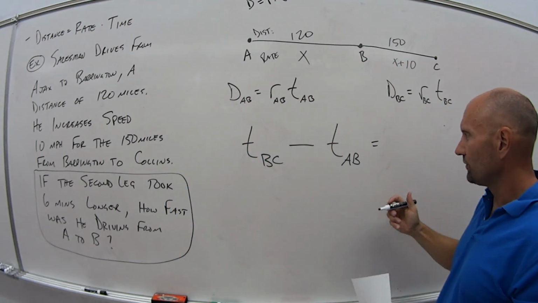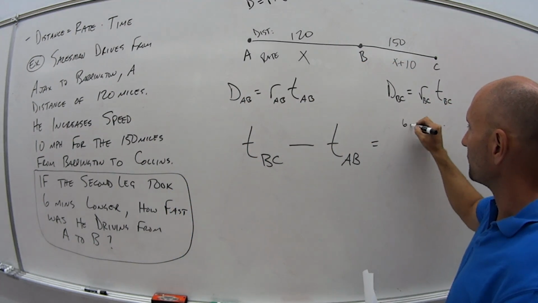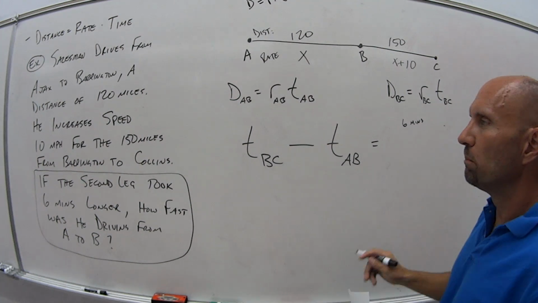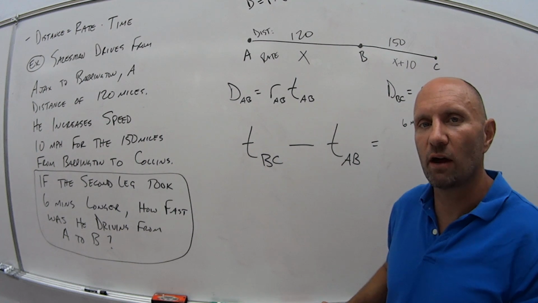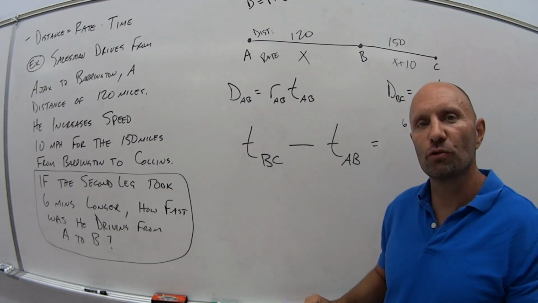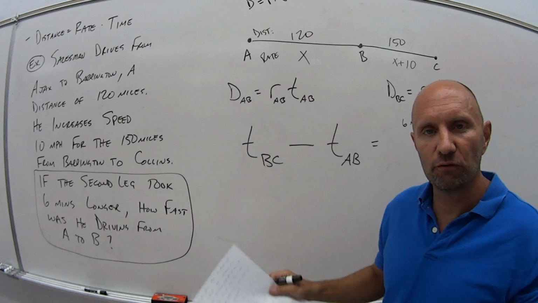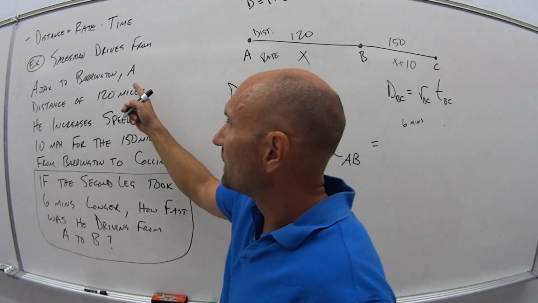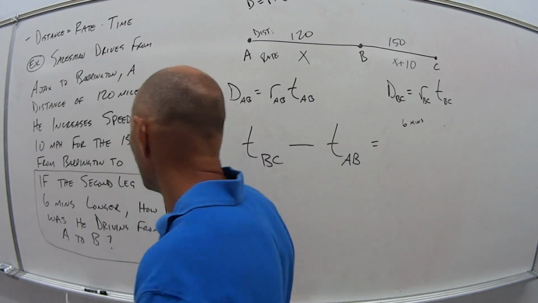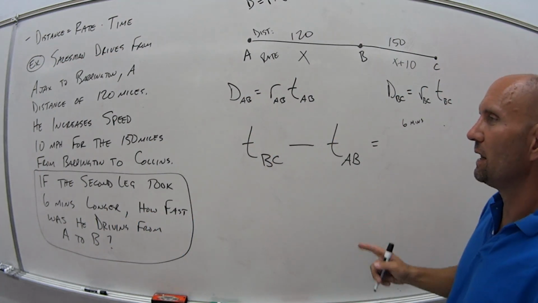It's equal to 6 minutes. But when we're dealing with word problems, especially distance, rate, time problems, we have to make sure that all of our information is in the same units. What do we have here? 10 miles per hour. Not miles per minute, miles per hour.